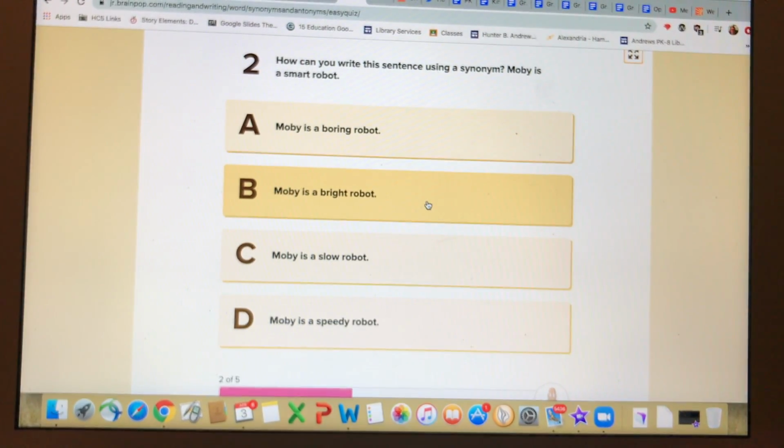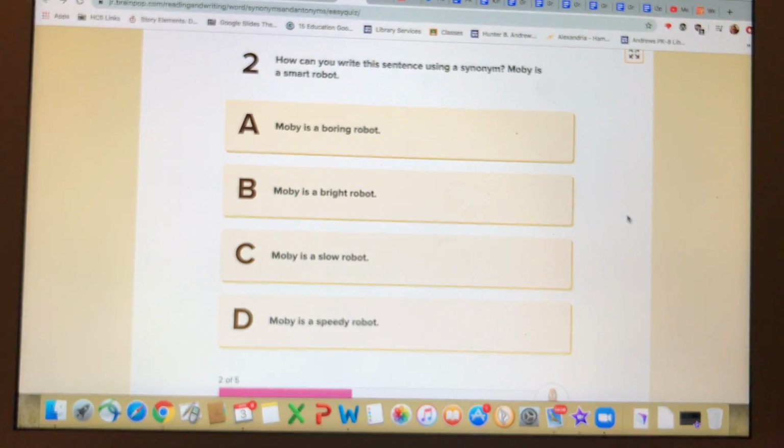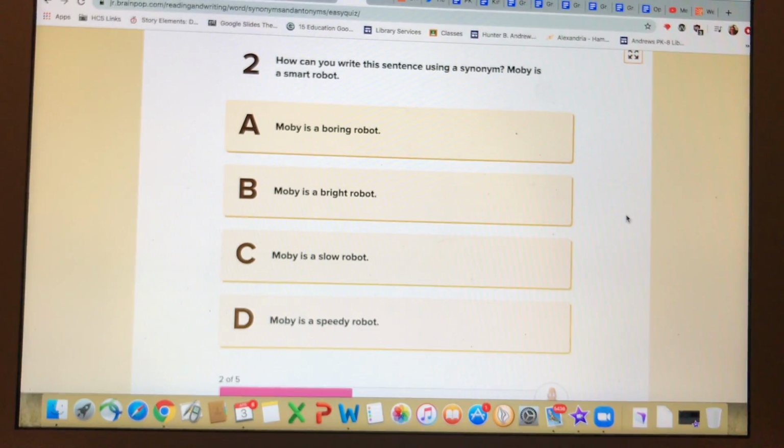But let's look at this one. Moby is a bright robot. Sometimes the word bright is used for something like a light or a screen that is really bright and might hurt your eyes. But this is smart.